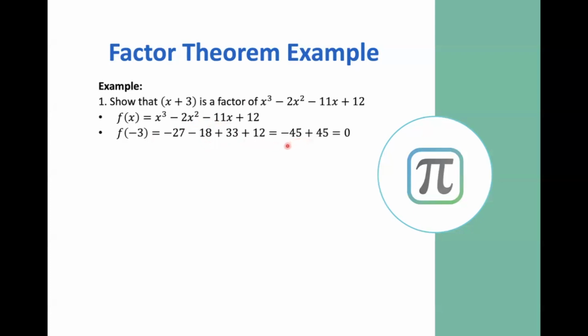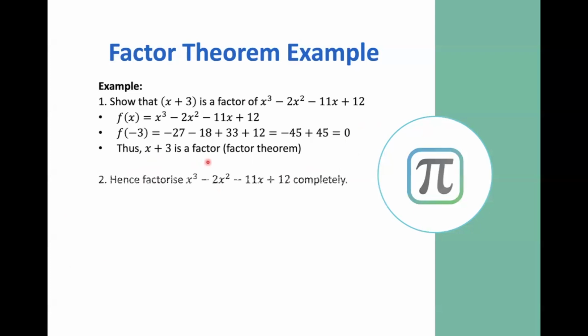And that gives minus 45 plus 45, which equals 0. And therefore, because when you substitute minus 3 into the polynomial, the result is 0, you say that x plus 3 is a factor by the factor theorem.